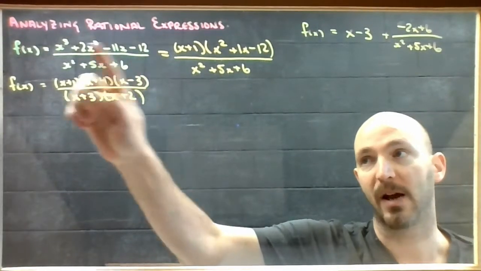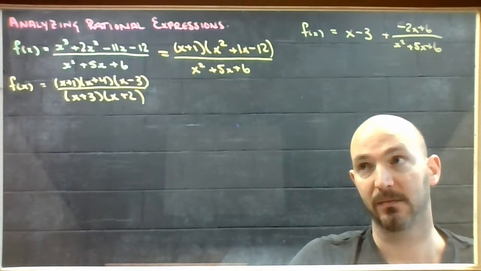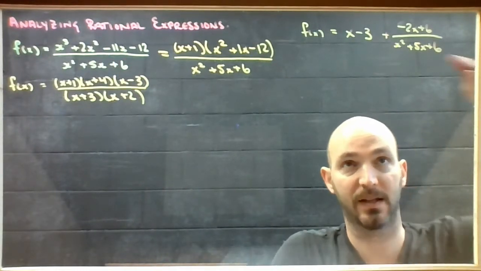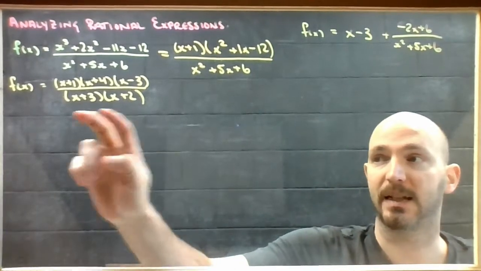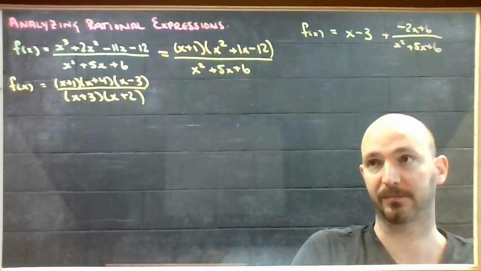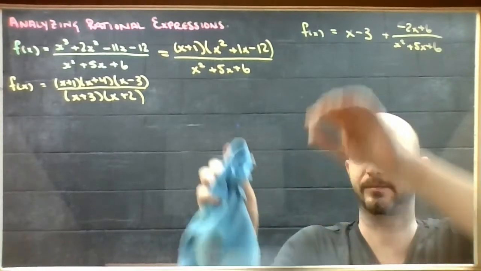So I've taken the rational function as it was handed to me, and I've done two things to it. I've written it as its end behavior form, and I've written it in its fully factored form. I'm going to get rid of this because I don't need it.